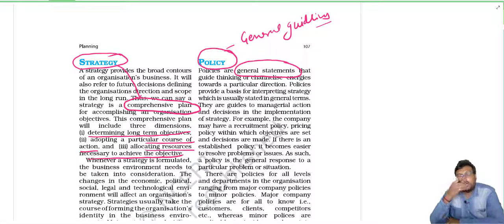So you can say in different words that policies are general guidelines with general responses: if this particular problem comes, then what response can come, what solutions can be. So that is a general guideline which helps the manager, and helps others, to understand that if this particular problem or situation comes, then what to do. But it is not fixed. General guidelines are not fixed.